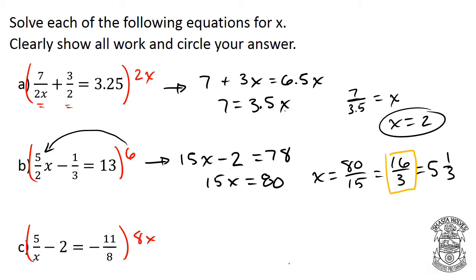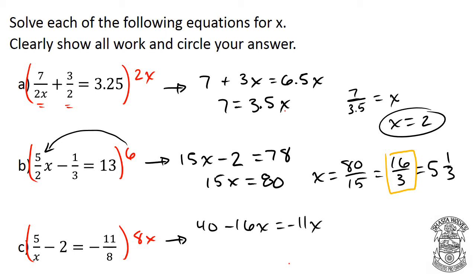When I multiply 5 over x times 8x, I get the number 40. So this equation is going to become 40. And then -2 times 8x is going to be a -16x. And -11/8 times 8x is going to equal -11x.